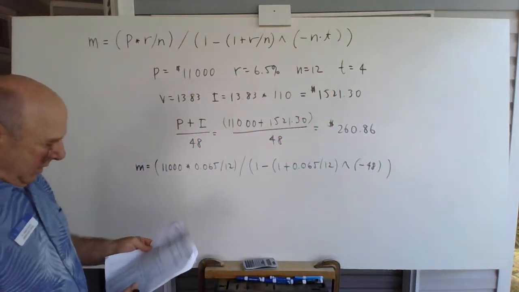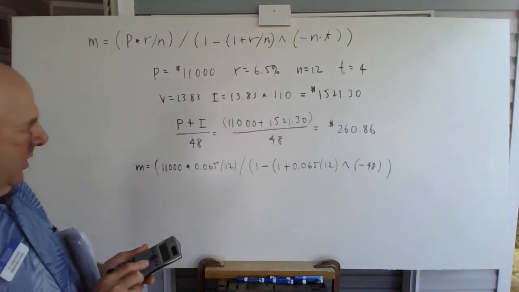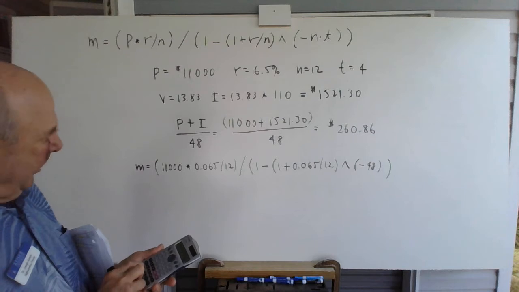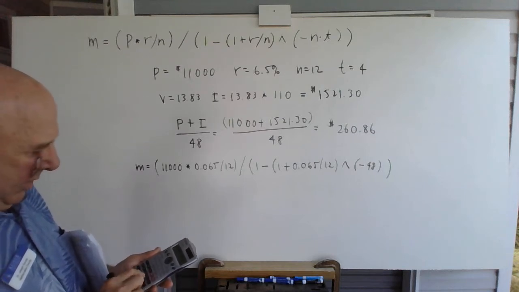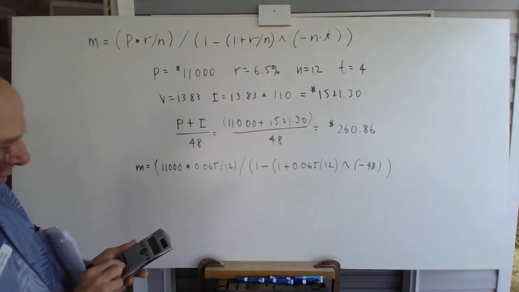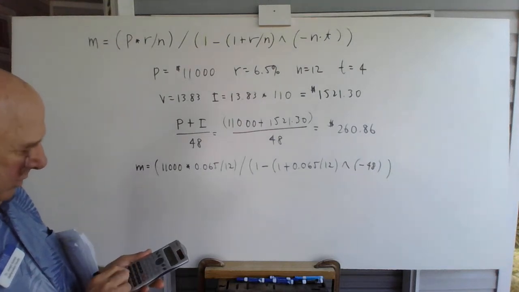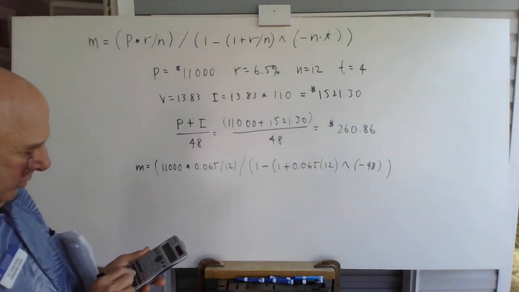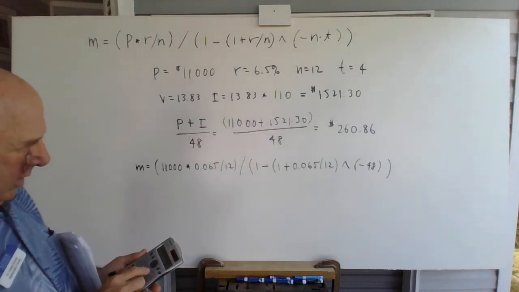You put this in the calculator. I'll do it along with you. Let's see what happens. So parentheses 11,000 times 0.065 divided by 12 parentheses, divided by parentheses 1 minus parentheses 1 plus 0.065 divided by 12 right parentheses caret.